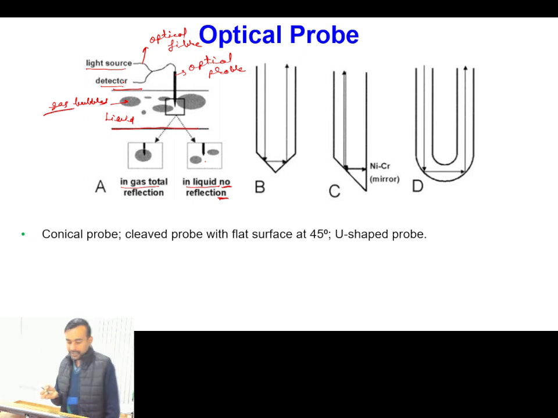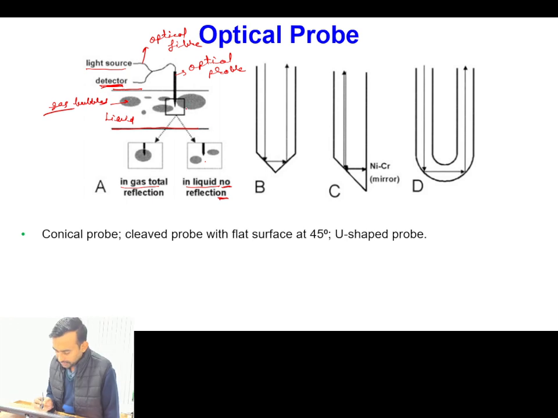But when it is present in the gaseous medium, then this probe is crossed by the interface of the liquid and gas, which will lead to reflection of the wave, and because of the reflection I will be getting a significant amount of signal at the detector. Is this point clear?